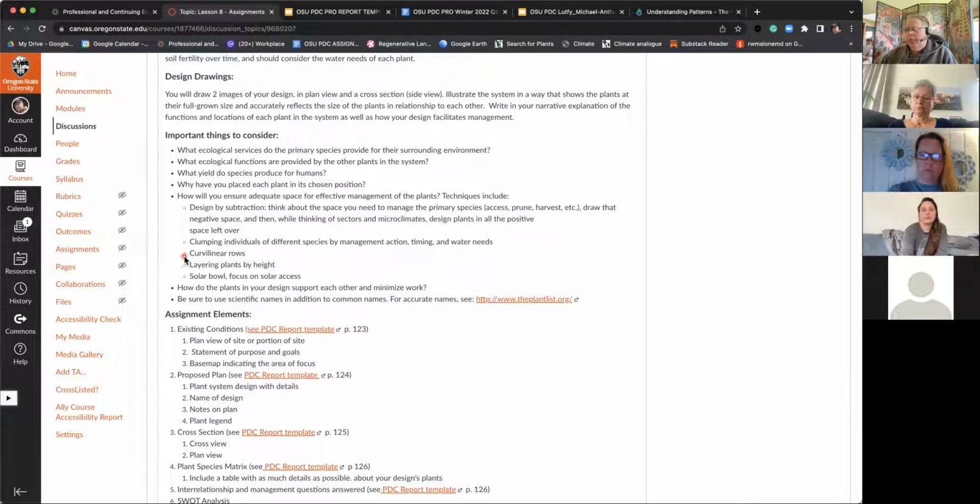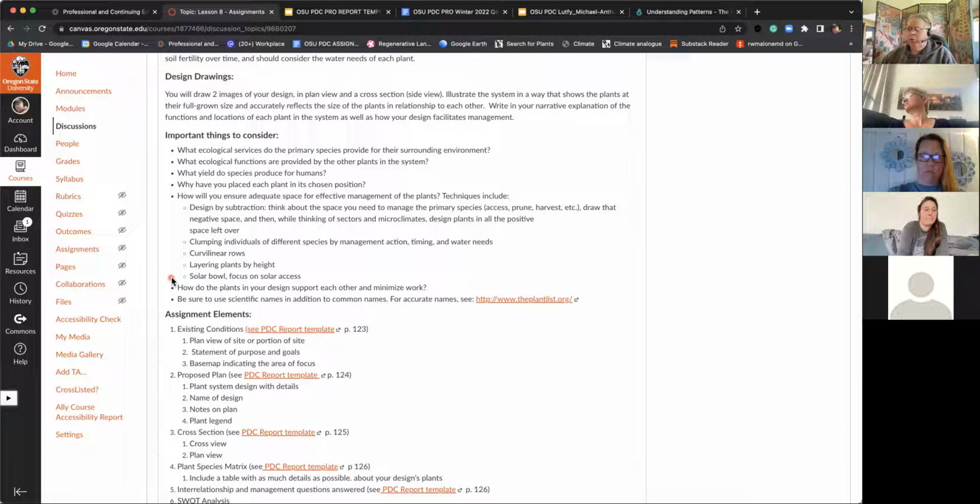So we want to have curvilinear rows. I would say that's correct, unless we're looking at annual vegetables. And then having straight rows, there's certainly a place for that. And layering plants by height. This is huge. Again, I'll give you a couple of visual examples here.